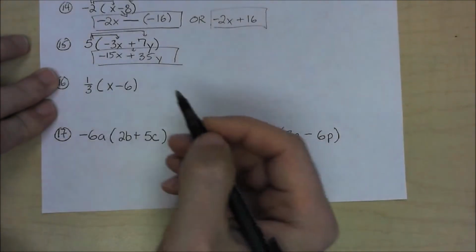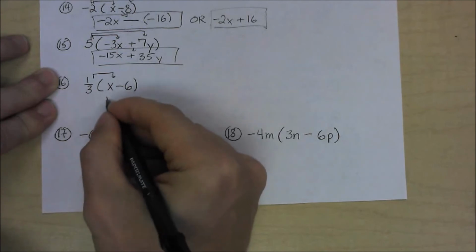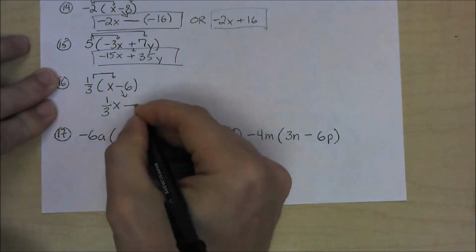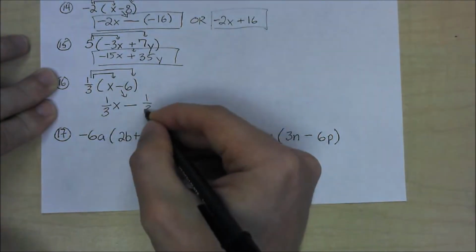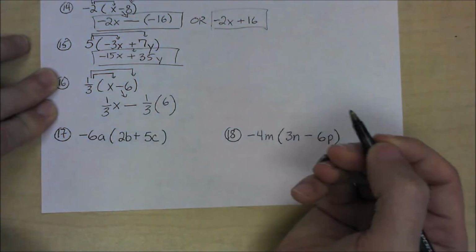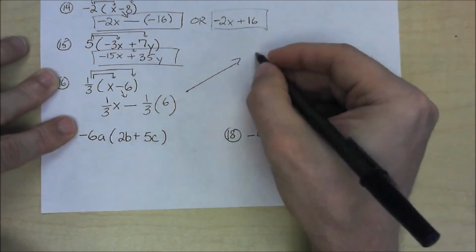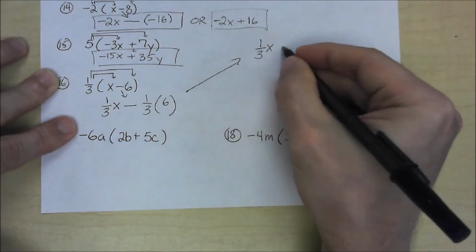So now, let's take a look at the fraction. With this one, I do it the same way. 1/3 times x. So I'm going to write 1/3 x. Bring down my subtraction sign, and now I have 1/3 times 6. So I'm going to write 1/3 times 6. Remember, parentheses mean multiplication. Now I'm actually going to put this problem up here to give myself more room because I'm going to show a lot of steps just so it's easy to understand.